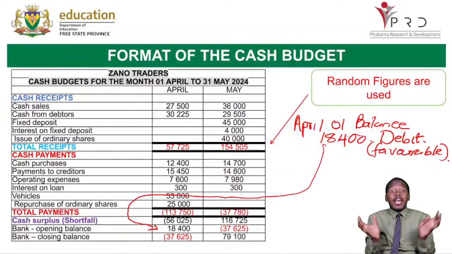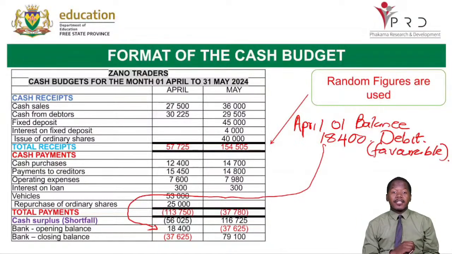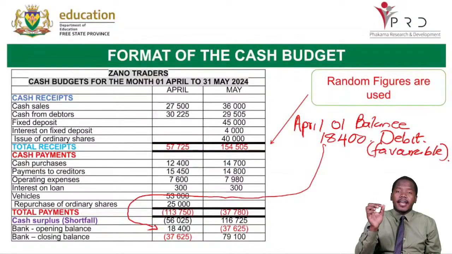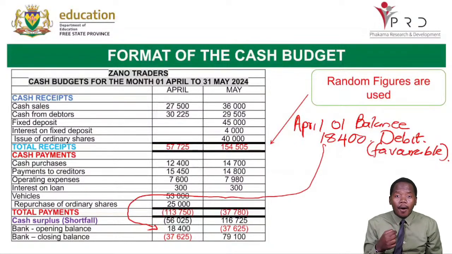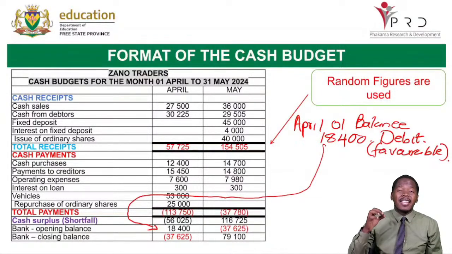They are going to guide you whether the opening balance of the budget is positive or negative. So they can say debit side meaning positive or favorable, or credit side meaning unfavorable and negative and bank overdraft.